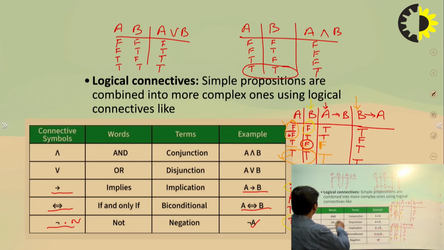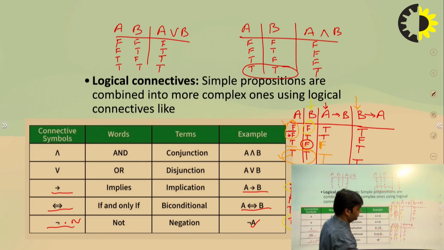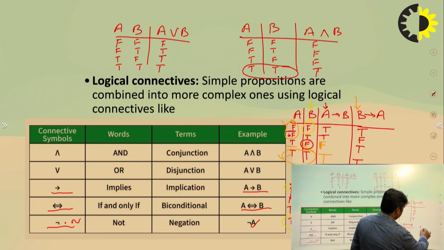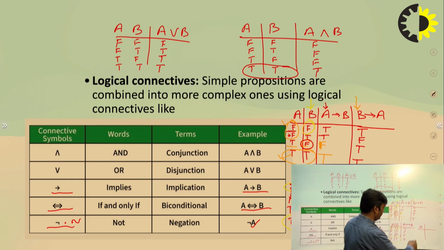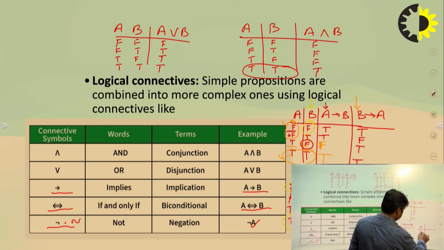For negation, if we construct the table for negation, we consider the value of A as false and true. If A is false, then the negation of A will be true, and if A is true, then the negation of A will be false.